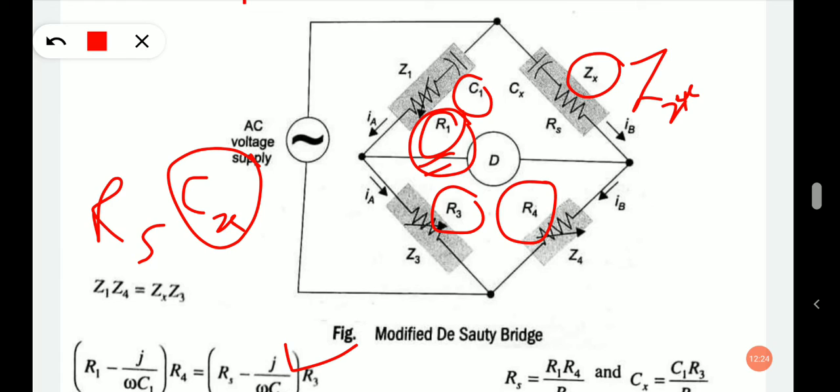So we know that the balance occurs when this condition is satisfied, that is Z1 Z4 equals Zx into Z3.